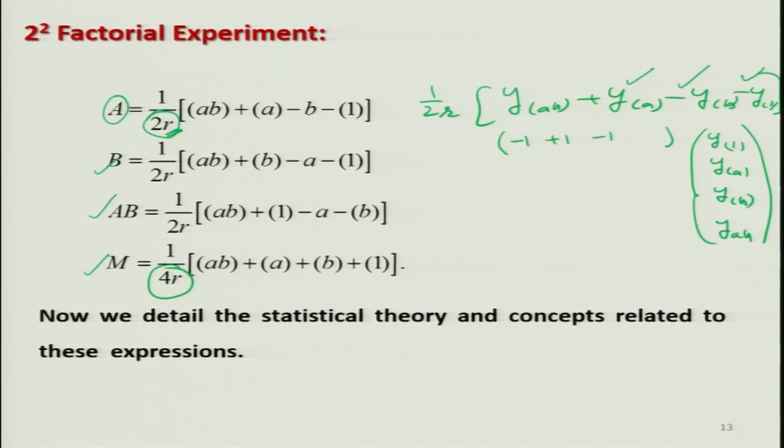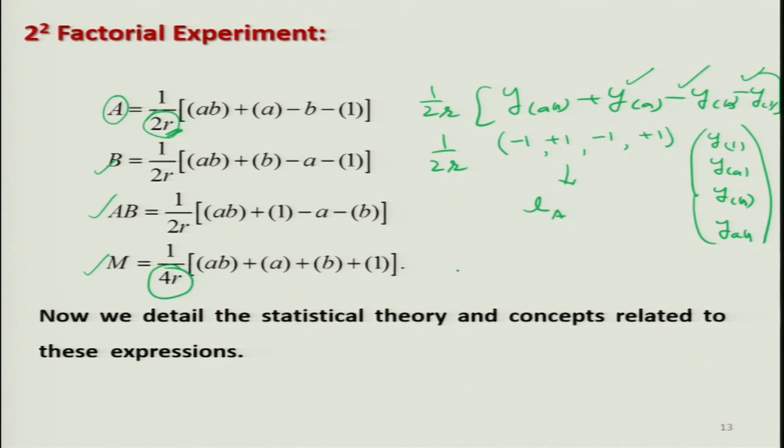And then what is the sign of yAB? This is plus 1. So, I'm writing a vector of order 1 by 4 containing only the elements like 1 and minus 1, and another vector of order 4 by 1 which is containing all the y values. And obviously 1 upon 2R will come over here. So, now if I write this, this is a sort of vector L which is related to the main effect A.